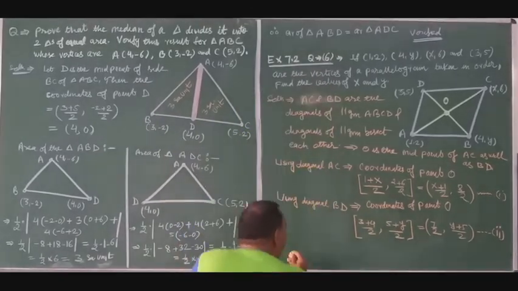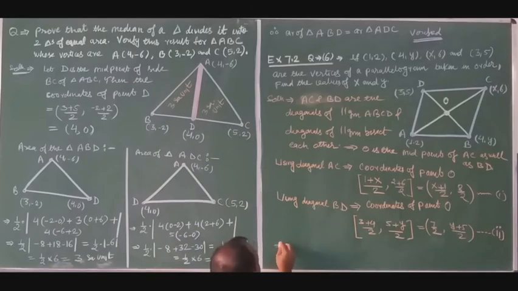So now what will happen? Just look here. (x plus 1) upon 2 is equal to 7 upon 2. So x plus 1 is equal to 7, so x is equal to 6.